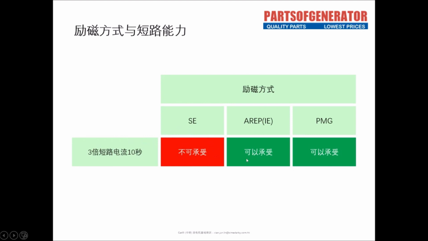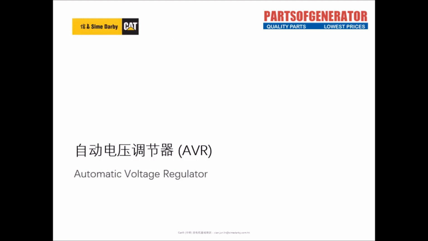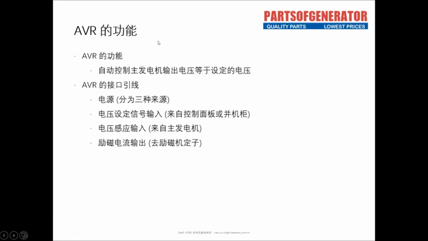Excitation methods and short circuit capabilities: in fact, we have already said it before. Here we just organize it into a table to let us see more clearly. The measure of short circuit capability is 3 times the short circuit current for 10 seconds. Let's look at the standard self-excited generator. It cannot meet this standard.